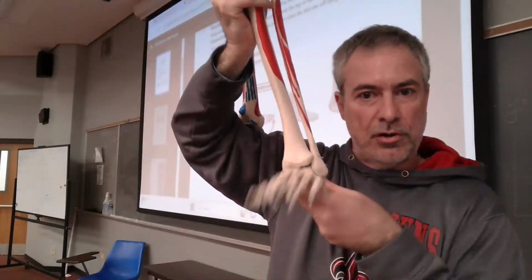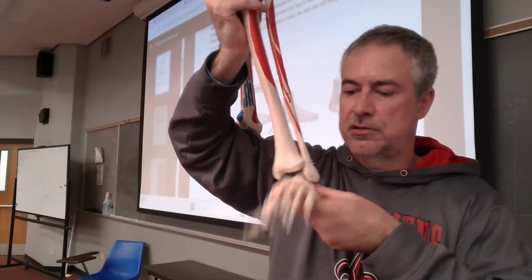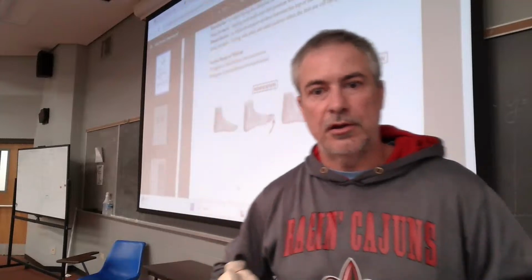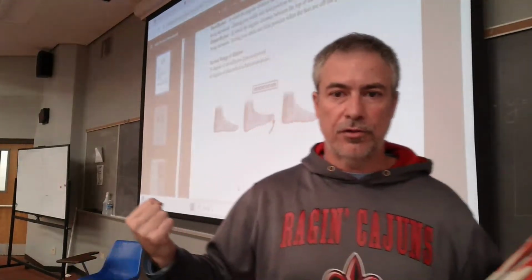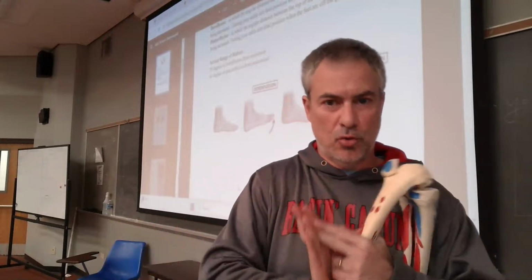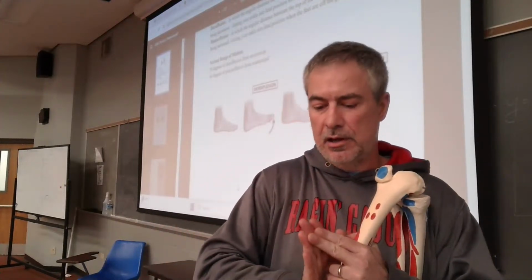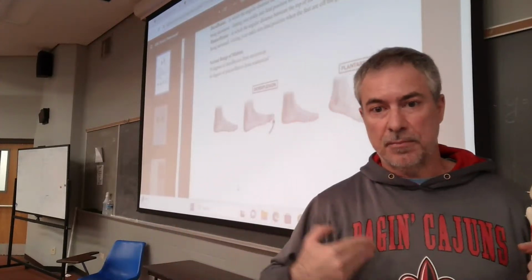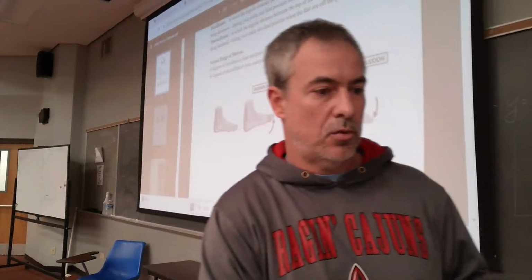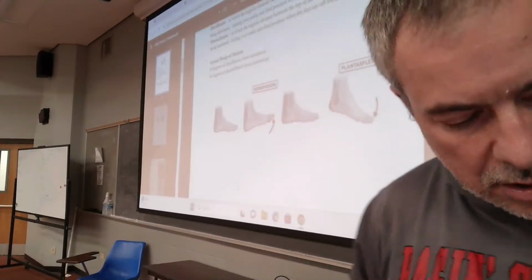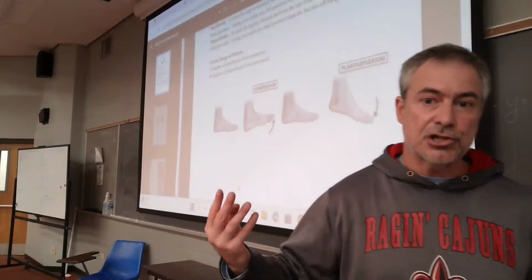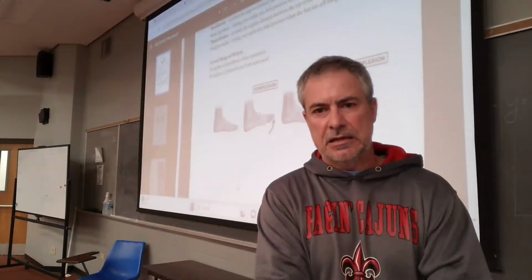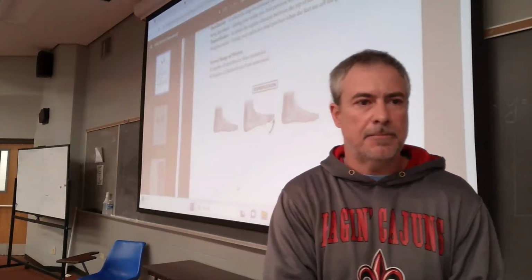Okay, so it's important to know that the ankle is just a hinge, and you have two different forms of flexion: dorsiflexion and plantar flexion. Two different ways to flex the foot. Flexion with your feet on the ground is going to be dorsiflexion, and flexion with your feet off the ground is plantar flexion. So that's why we don't have typical flexion and extension, because there are two different ways to flex the ankle.